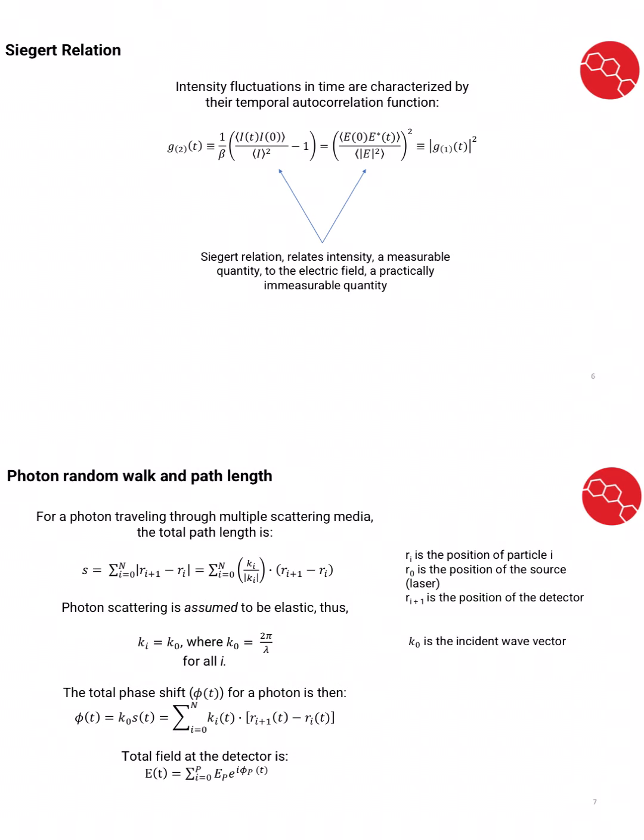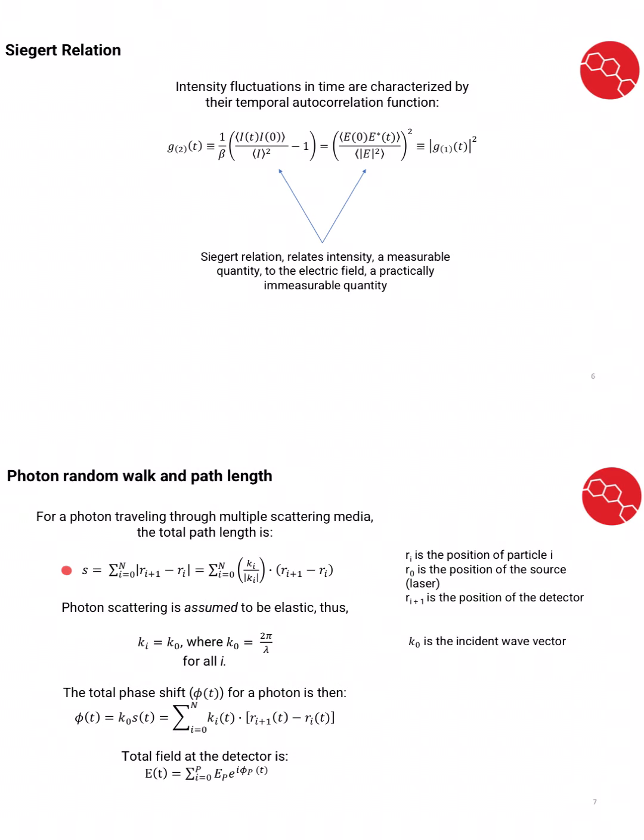For a photon traveling through multiple scattering media, the total path length is given by this top expression for S, where R_i is the position of particle i, R_0 is the position of the laser, and R_(i+1) is the position of the detector, and k_i is the wave vector.